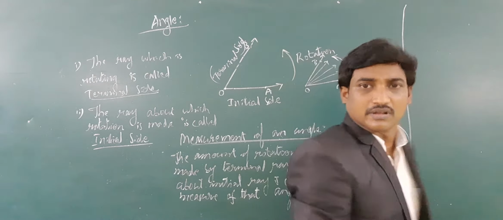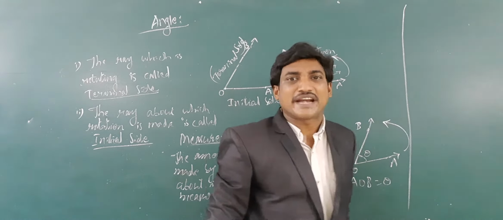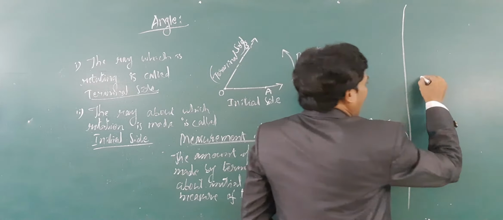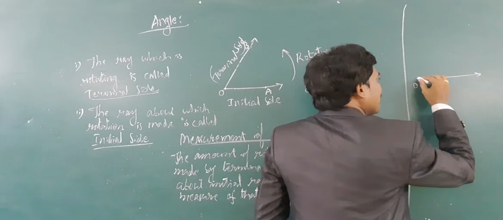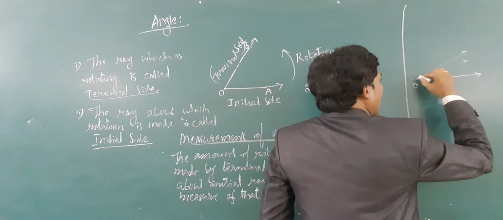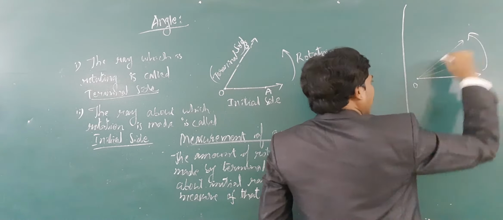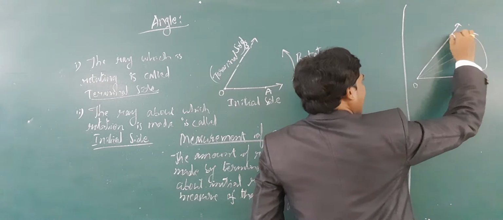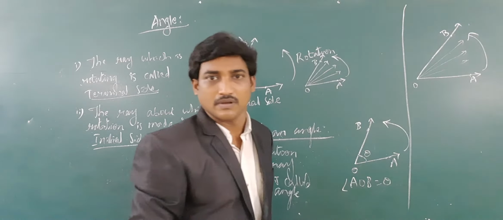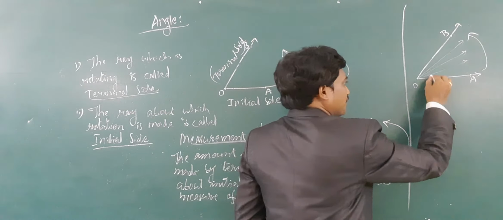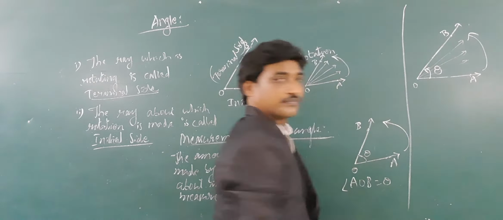If the side is rotating in anti-clockwise direction, then the measure of angle is recorded as positive.